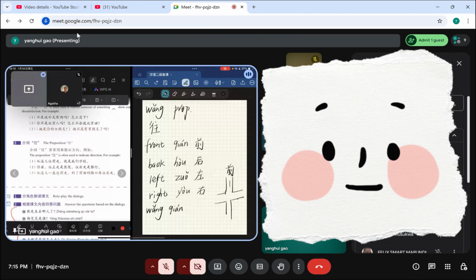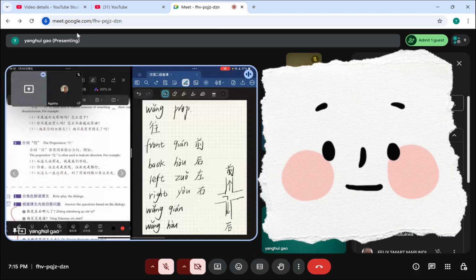So if we go this way, we can say 往前. And this direction is 后, is back, right? Is in the back. So if we go this way, we say 往后 to indicate the direction.